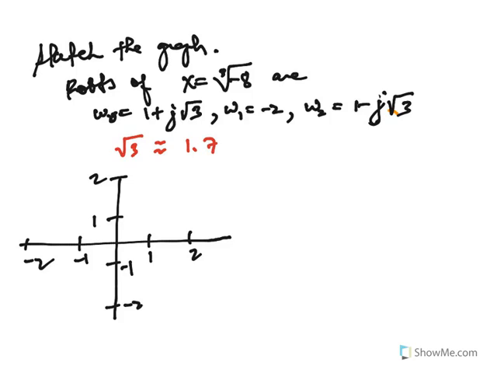So we can put it somewhere, maybe here, the point here. Okay, so this is your 1 plus j square root of 3. And then the second root is negative 2. So you have here, this is your point, negative 2. And then for the third one, it's on the fourth quadrant. So let's say somewhere here. This is your 1 minus j square root of 3.